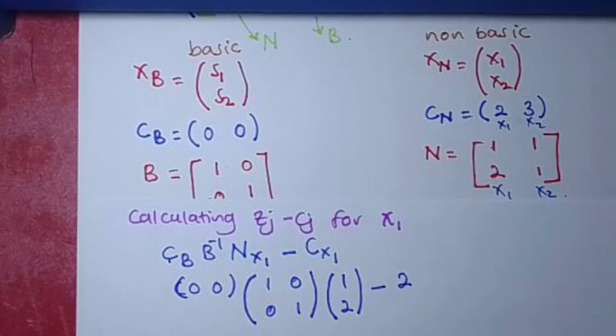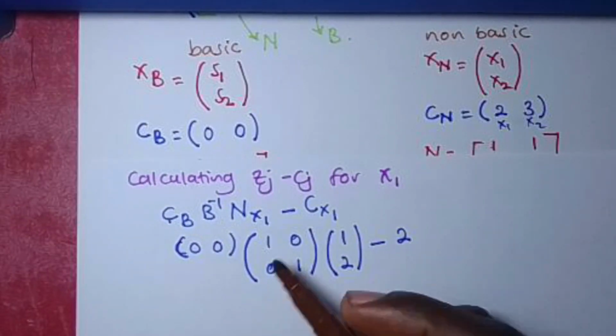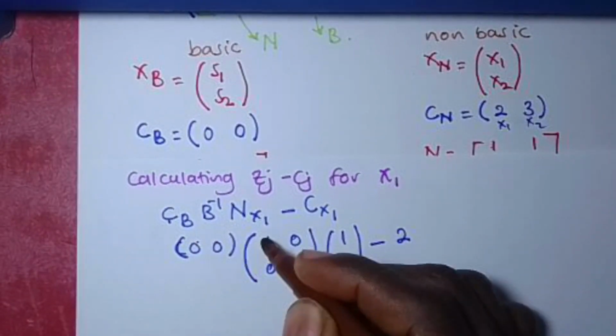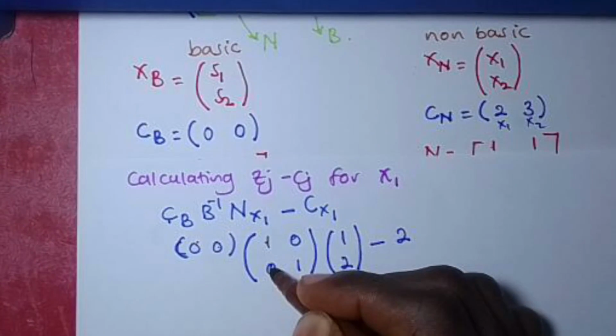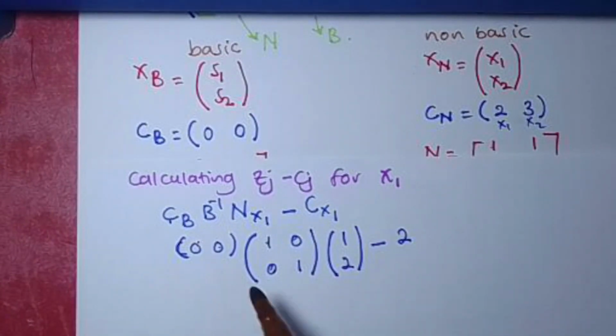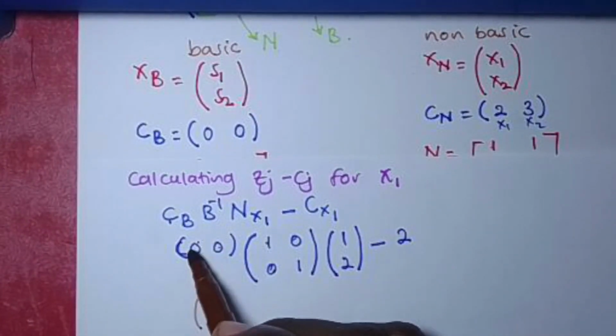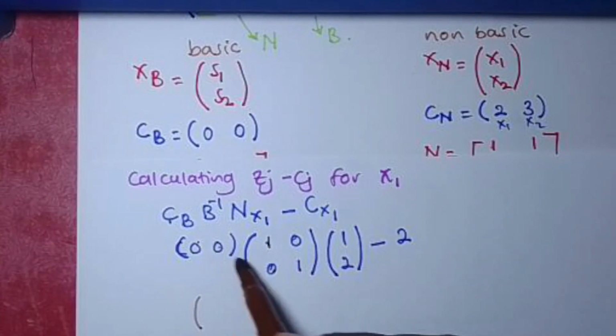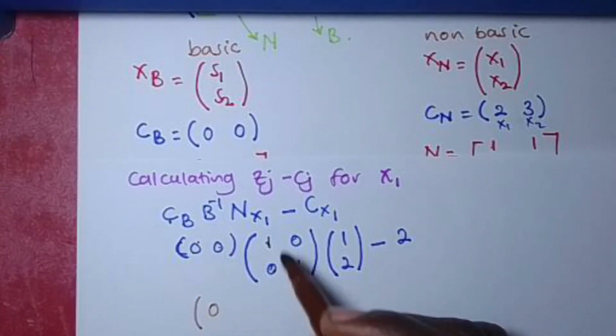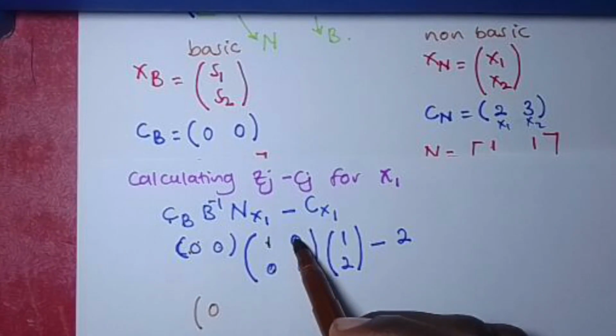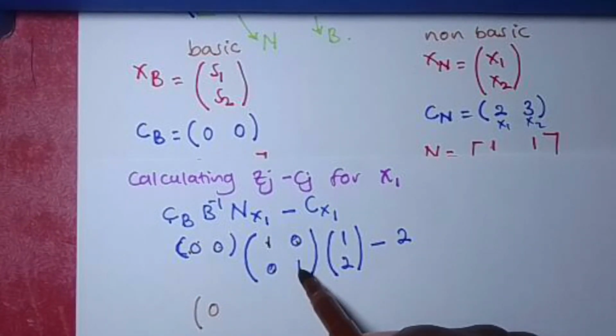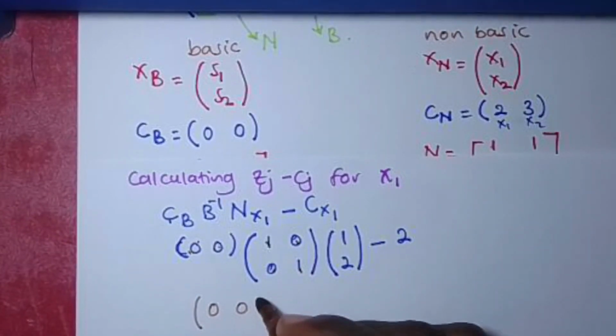Once you've learned how to come up with that, everything else becomes simple. To multiply this, we take this times this, plus this times this. So 0 times 1 is 0, plus 0 times 0 is 0. Then 0 times 0 is 0, plus 0 times 1, which is also 0.